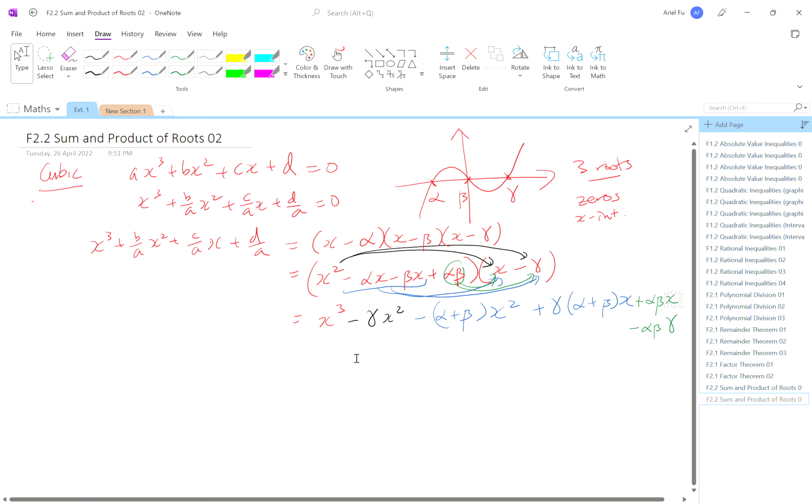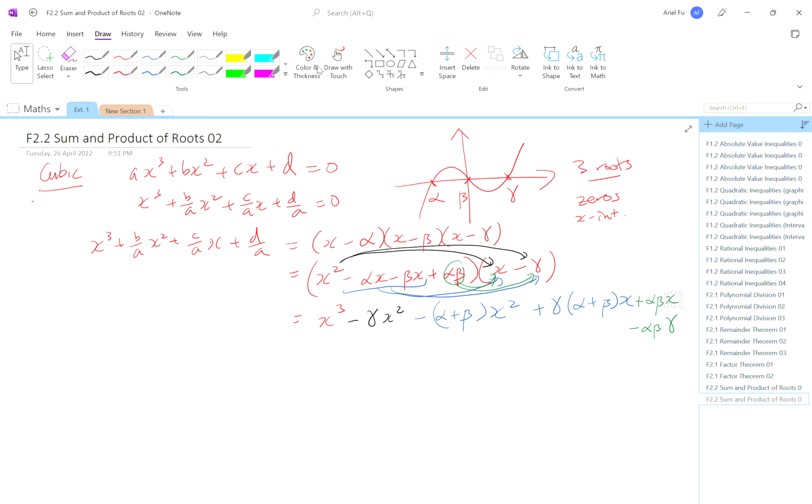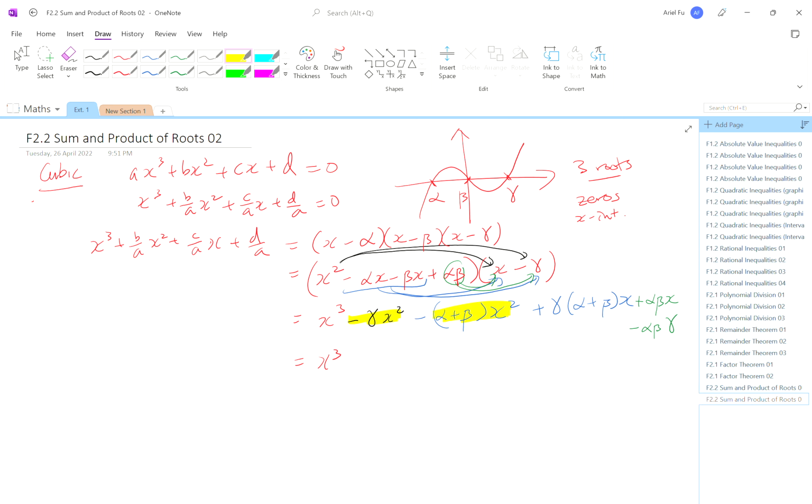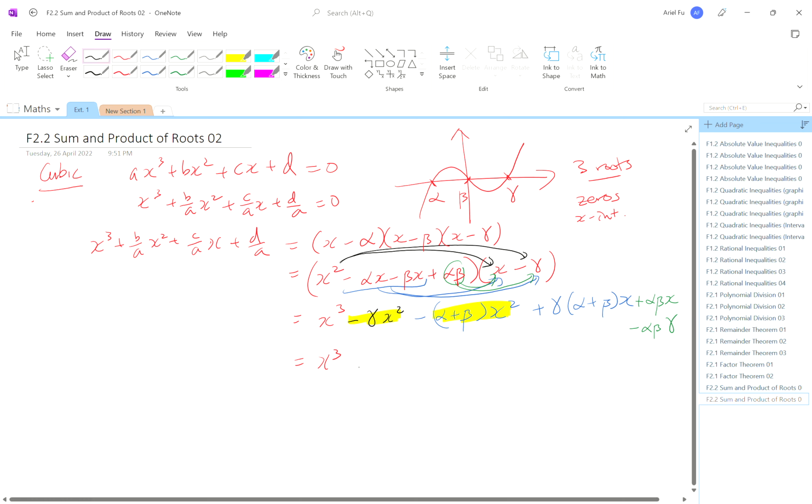Now we're going to put all the x cubed, all the x squared terms, and so on together. The x cubed is just x cubed. How many x squared do we have? We have minus alpha plus beta plus gamma, x squared.